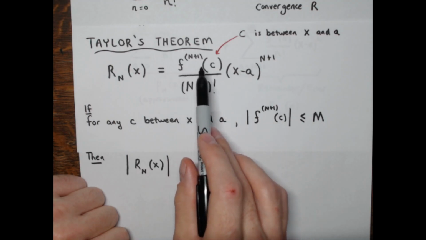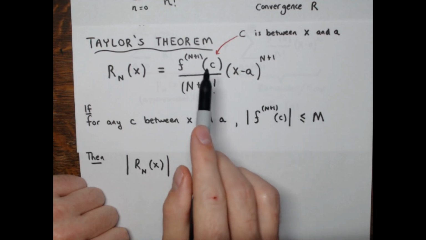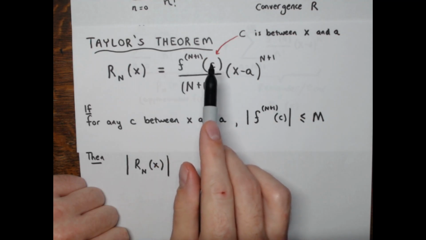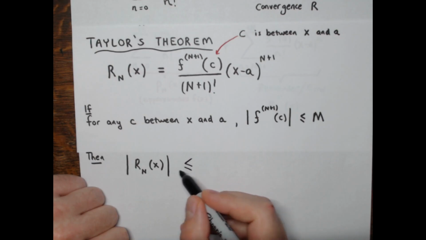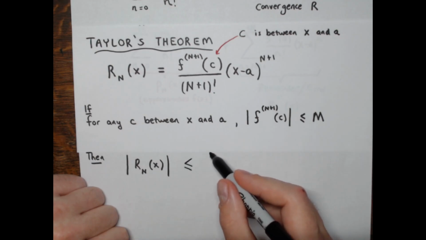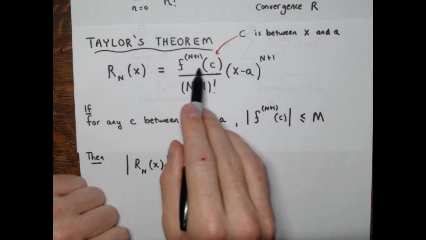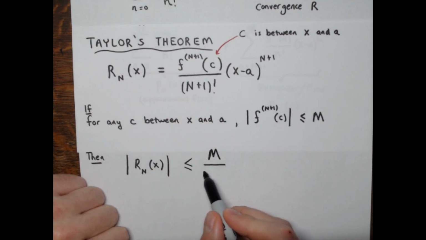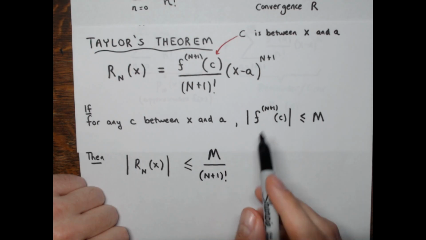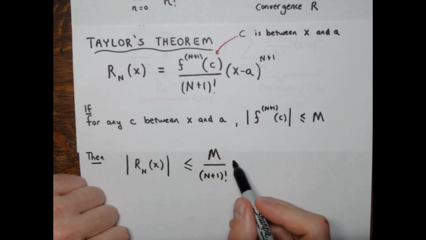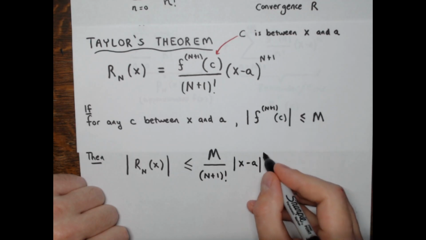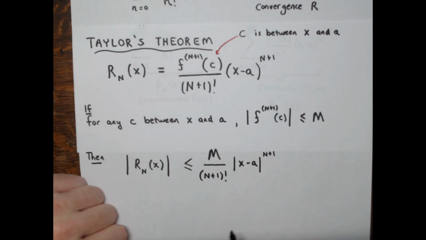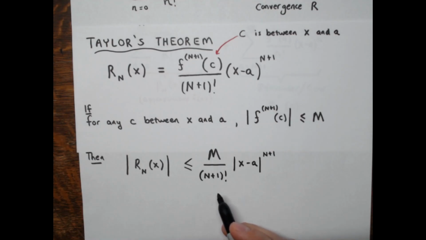But we just said, if there's this m such that the absolute value of this derivative is always less than m between x and a, then our absolute error is always less than or equal to m over n plus 1 factorial, which will always be positive, so I don't need the absolute values around that, times the absolute value of x minus a to the n plus 1 power, because x minus a could be negative.